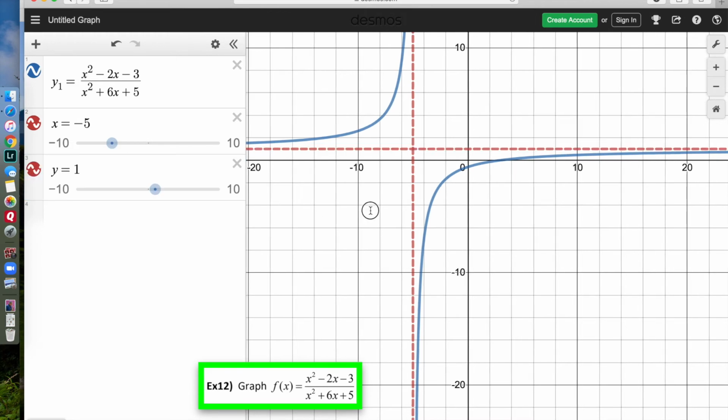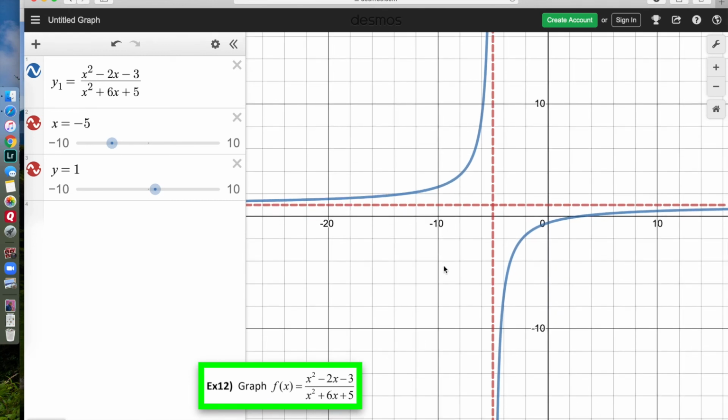But there's an asymptote at x equals -5 and another one at y equals 1. But because I have a second degree equation, I feel like there should be another x value that is restricted from the domain. And so I'm wondering if I have a hole somewhere, and hint, there is a hole.